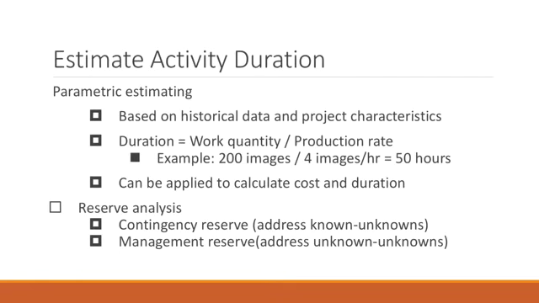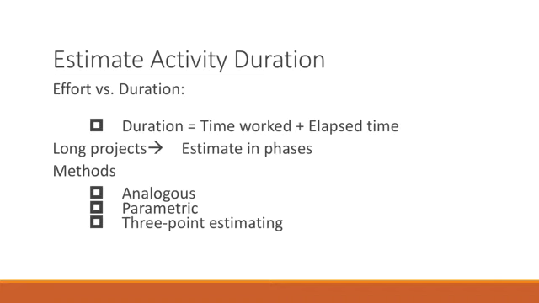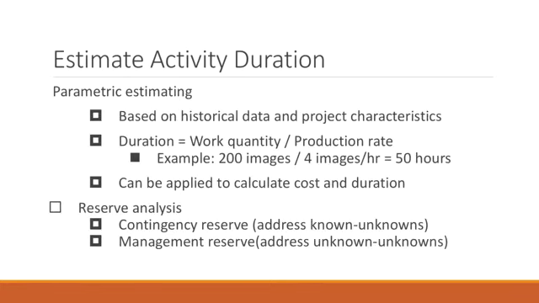Those 50 hours are going to be what? Those 50 hours are the time worked in order to complete that particular task. But when we're talking about the duration, you have to add the lapse time, because 50 hours depends on how many hours you work a day. If you work 8 hours, then that's going to be a certain number of days.